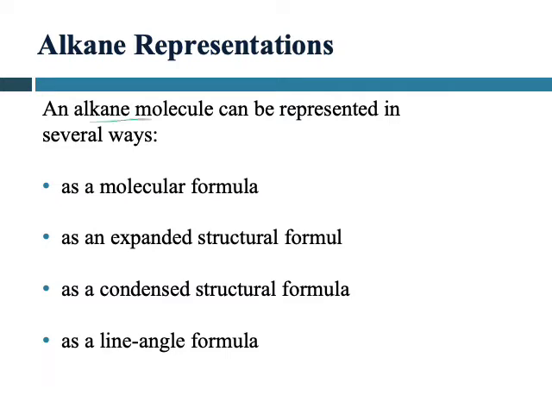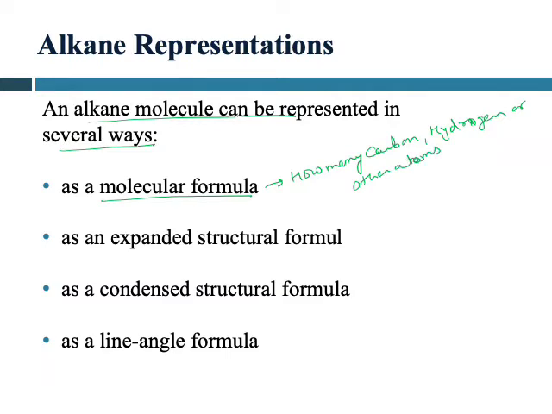An alkane molecule can be represented in several ways, first as a molecular formula. What is a molecular formula? It tells you how many carbon, hydrogen, or any other atoms are present in the compound. It is the simplest formula that tells you how many atoms you have in that particular compound.